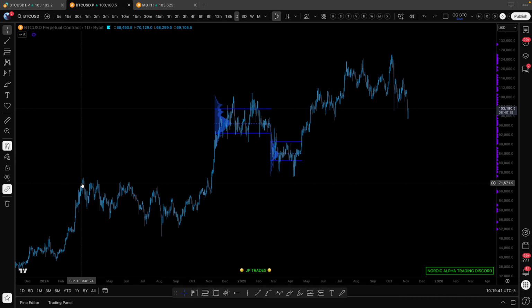And again, ever since we were back here and we pumped up, I was expecting this low to actually come down further and mitigate this range. However, we barely missed the top of this range high here.